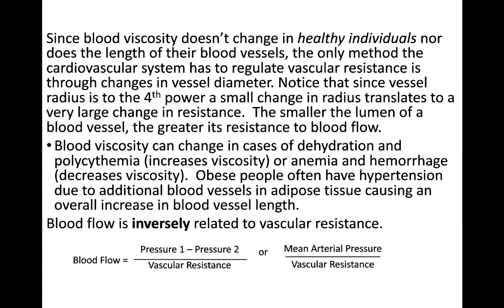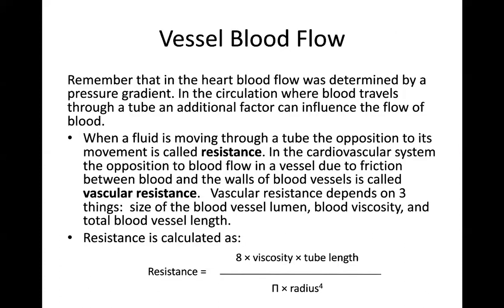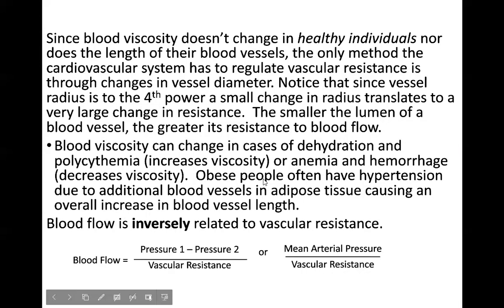Notice that since vessel radius is to the 4th power, a small change in the radius, or a small change in the lumen's diameter, because radius is half of the diameter, translates to a very large change in resistance. In other words, the smaller the lumen of a blood vessel, the greater its resistance to blood flow.